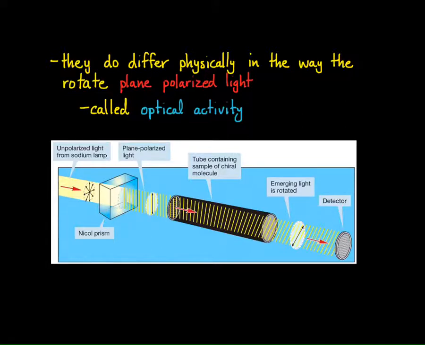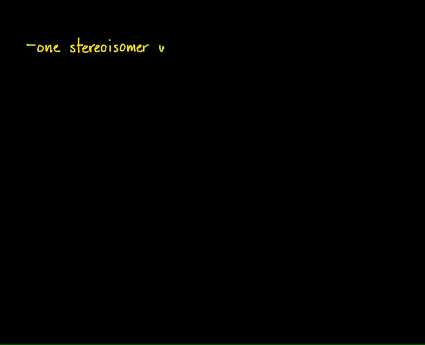Now, one stereoisomer, it happens, will rotate that light clockwise, and we call that dextrorotatory. And the abbreviations we use, there's really two types of abbreviations. One which biochemists and molecular biologists use, and one which organic chemists use.